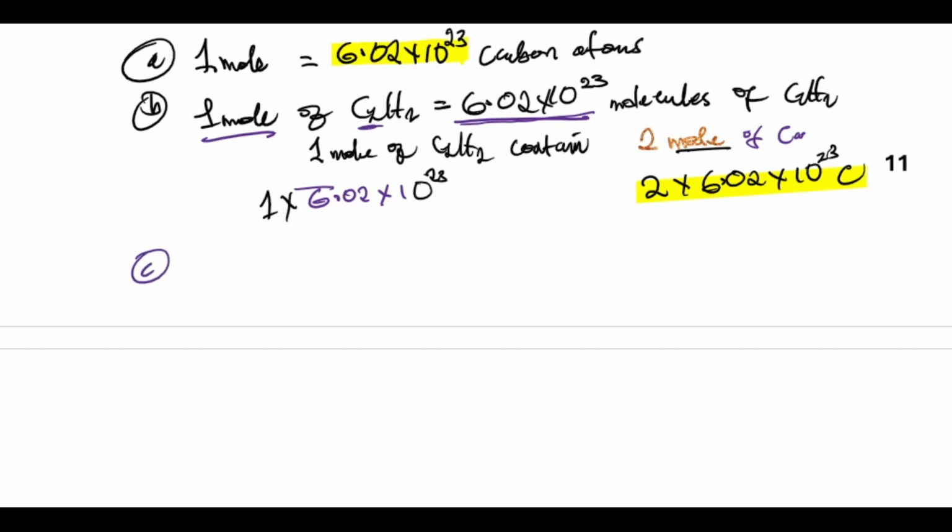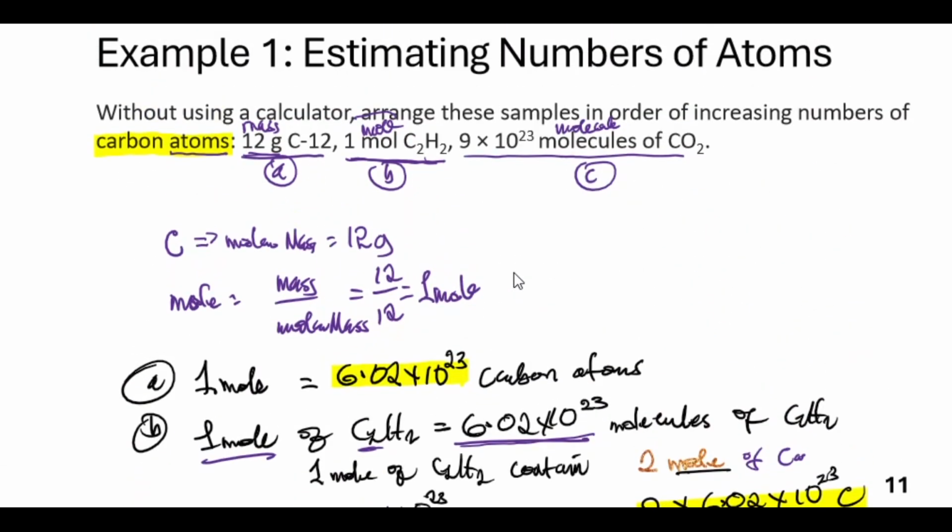C is straightforward because I think they gave us the number over there. They said it contains 9 times 10 to the power of 23 molecules of CO2. We know already that 1 mole of CO2 contains 1 mole of carbon atom. How many carbon atoms do we have there? 1.